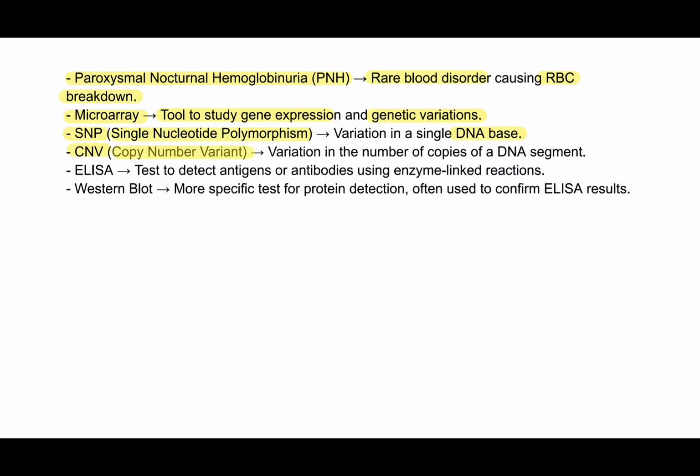CNV or copy number variant: variation in the number of copies of a DNA segment. ELISA: a test to detect antigens or antibodies using enzyme-linked reactions. Western blot: a more specific test for protein detection that is often used to confirm ELISA results.